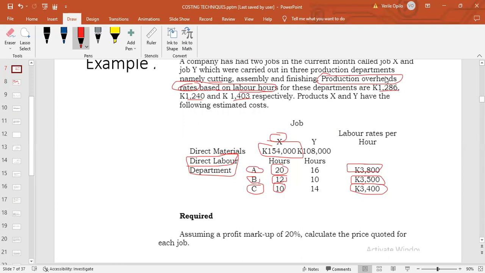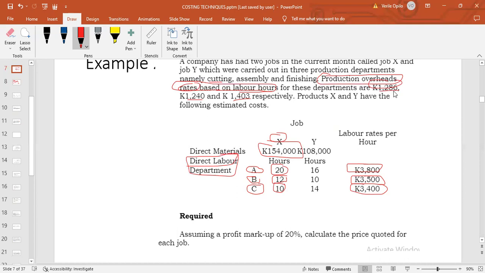In the previous question, we were told that the overheads will be absorbed at a rate per labor hour, so we were expected to compute the total amount of overheads depending on those labor hours. But in this case, the costs have already been computed for us based on the labor hours. That is why we are adding them directly.